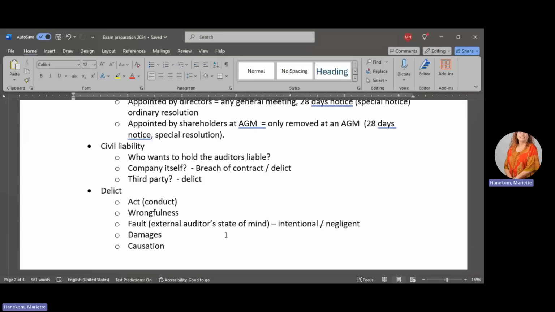If I'm asking you to just list the elements that they must prove, you must literally just do that. You don't have to refer to any facts. If I'm asking you, will they succeed, or what must they prove, or something like that, you need to give me more detail and also refer to the relevant facts. So read your questions carefully.